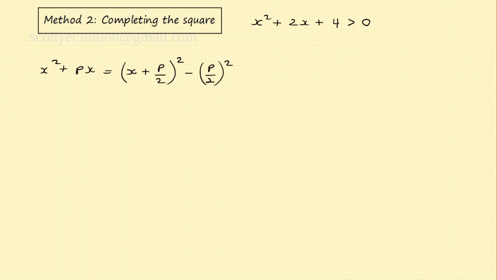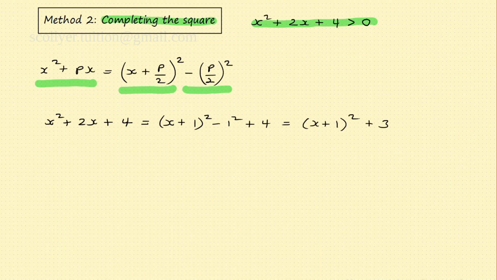We're interested in whether x squared plus 2x plus 4 can equal 0, and in fact we're going to show that x squared plus 2x plus 4 is strictly greater than 0, by the method of completing the square. Now, to complete the square, you consider an expression of the form x squared plus px, which can be rewritten as a perfect square, (x plus p over 2) all squared, minus (p over 2) all squared.